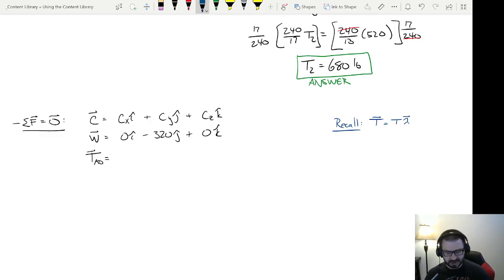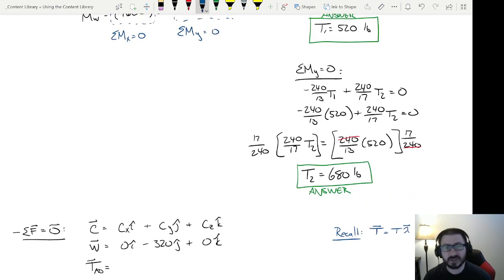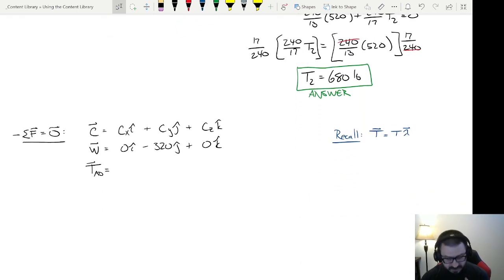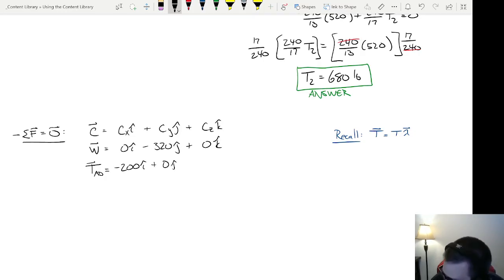We know that the tension in rope 1 is 520 pounds. We just solved for that. So now I'm going to take that unit vector and multiply those terms by 520. And so what happens when you do that is you get negative 200I plus 0J minus 480K.